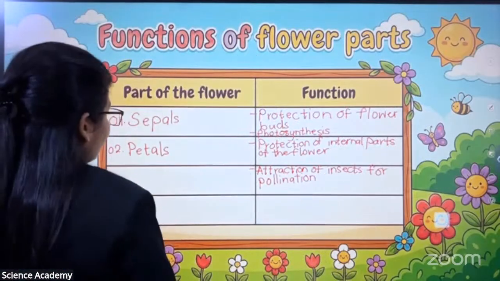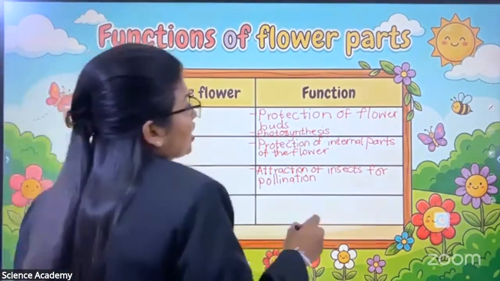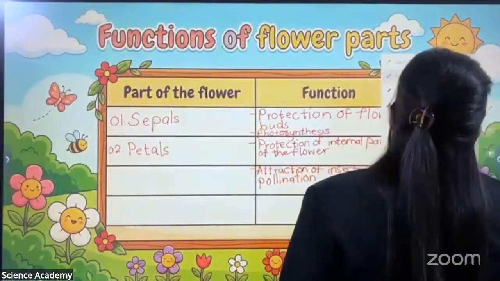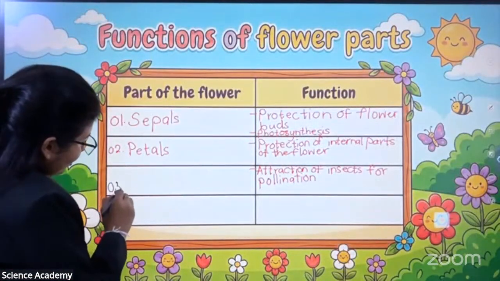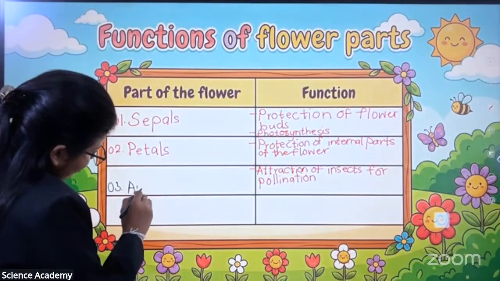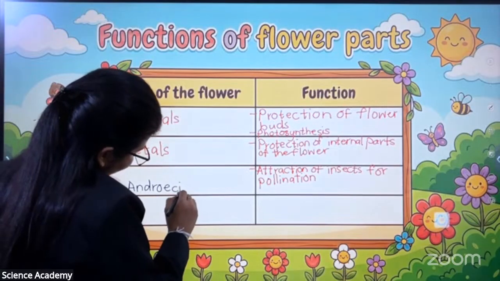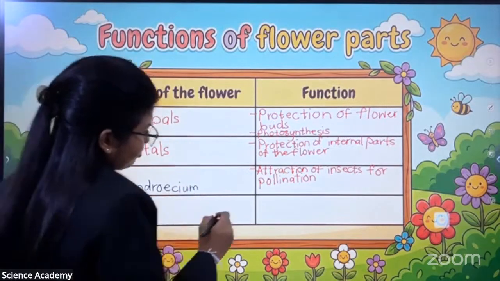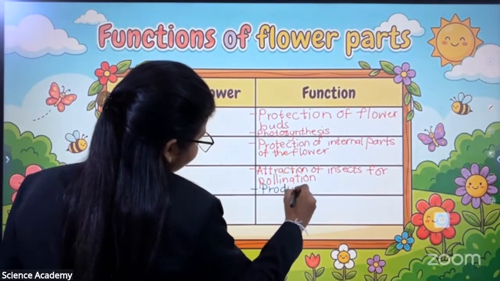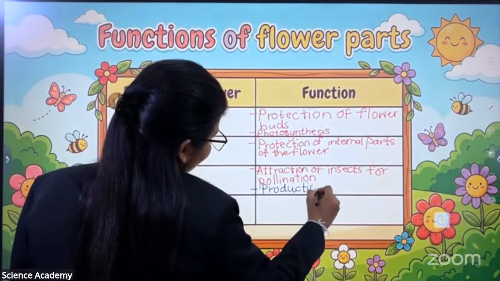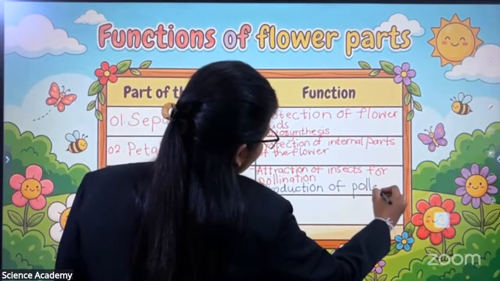So next one, I'm writing using another color so you can easily identify it. Androecium. Production of pollen.